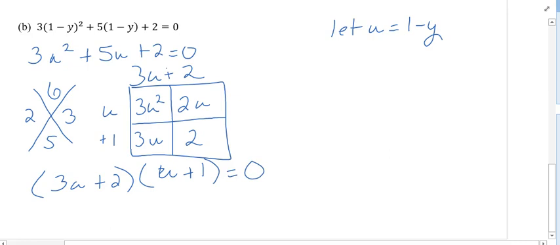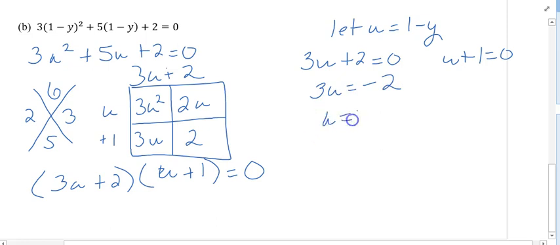So now we're going to set each one of those factors equal to 0. 3u plus 2 equals 0, and u plus 1 equals 0. So 3u equals negative 2, u is equal to negative 2/3, and u equals negative 1.